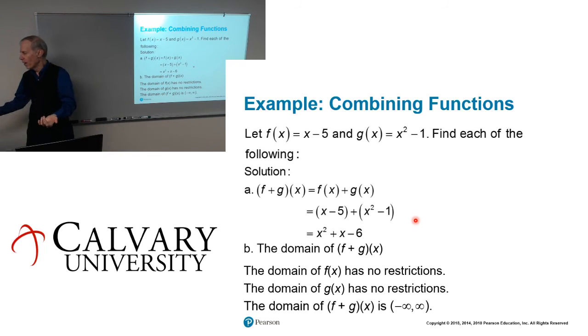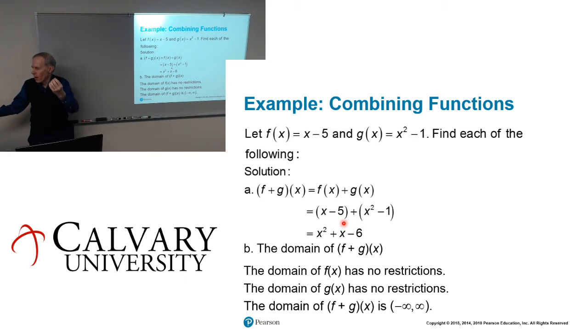So if you had this function, f of x equals x minus 5, g of x equals x squared minus 1, if you combine them by adding them, then there's no restriction in the domain here, and so there's going to be no restriction here. So when you combine the two functions, you just do what it says.